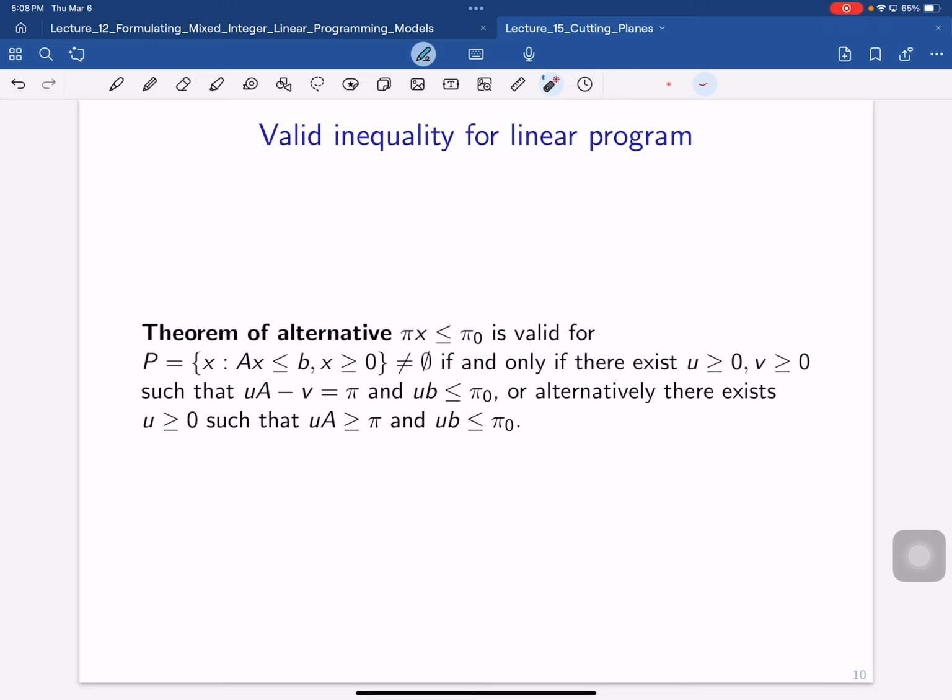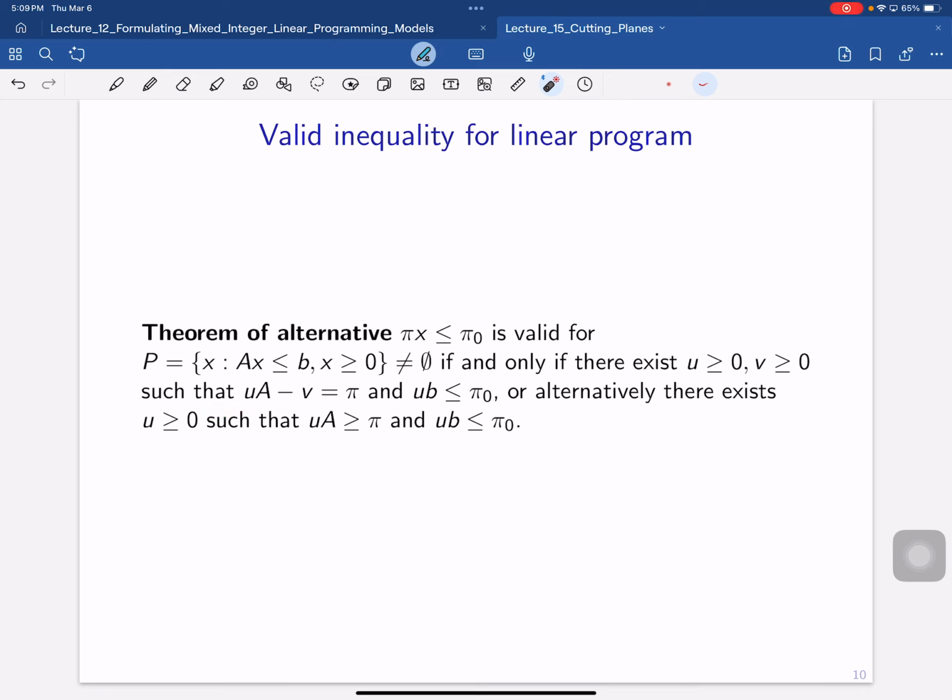So if you have a linear program or a polyhedral set represented by Ax less than or equal to b, x greater than or equal to 0, the way you could derive a valid inequality is you pick some u and v, which are like your Lagrangian multipliers to aggregate the inequality constraints. So if you multiply this constraint by u and v such that u transpose A minus v equals pi, and then u transpose b less than or equal to pi 0, then that is a valid inequality for the linear program.